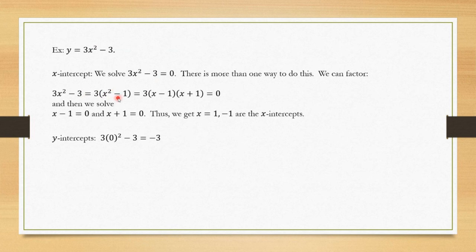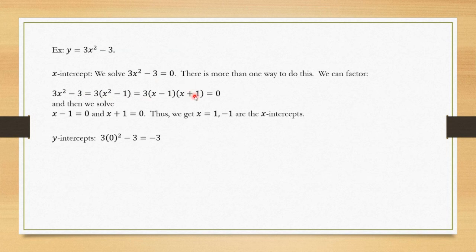And x squared minus 1, we can factor that. There was a formula I gave you called the difference of two squares. And from there, you get x minus 1 times x plus 1 is equal to 0. And the next thing we did at 1.2, remember, was you set each factor equal to 0.